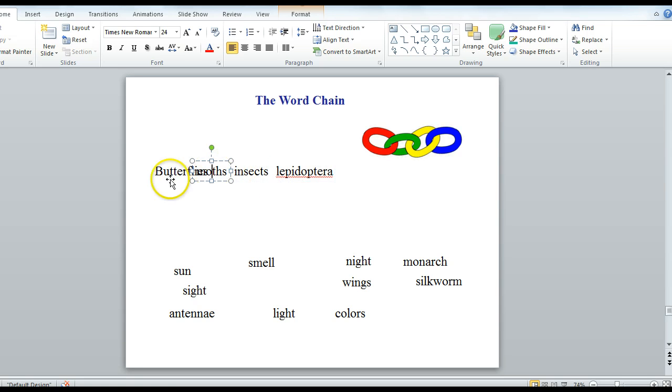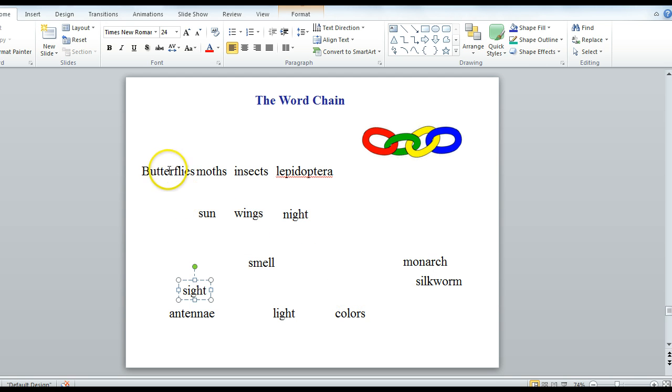And I put my little chain together and link my words. And then I can keep on going, and obviously the kids are going to have to go back. They can either make one long chain, or they might want to make a smaller chain, because I'm seeing I've got the word wings here, and remember we talked about wings, and we talked about night and sun and light, and we didn't read anything about sight and smell at that time, or the monarch or the silkworm.